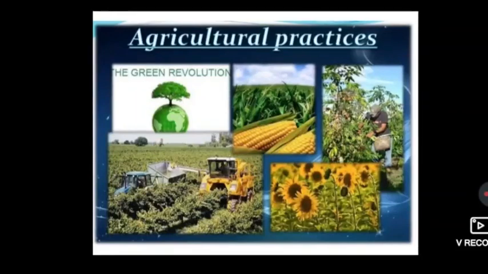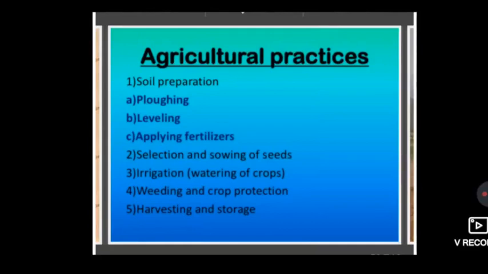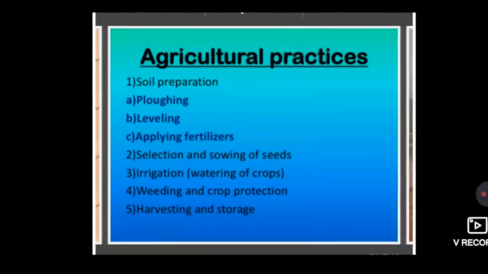For the maximum production of crops, you have to follow some basic steps. These are the basic steps of the crop production process. First one is soil preparation. In soil preparation, basically three things are important: first plowing, second leveling, and third applying fertilizers.